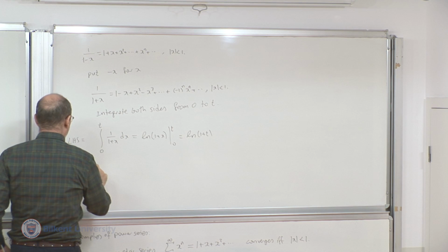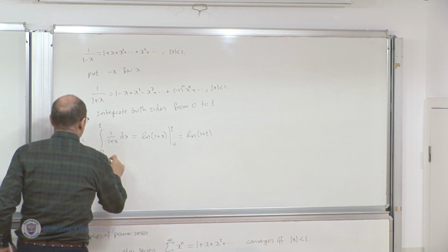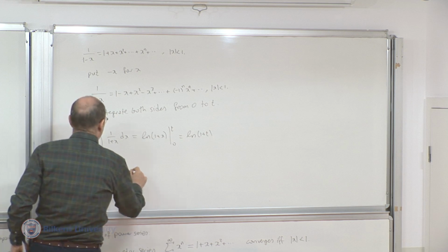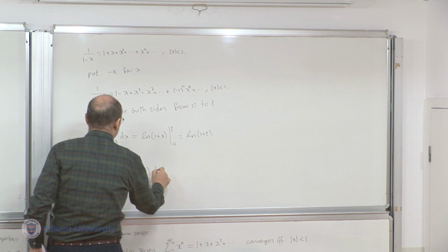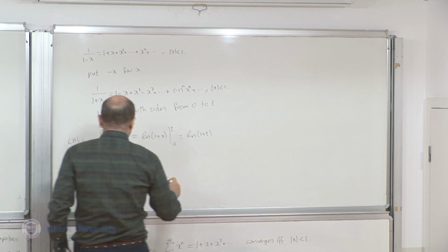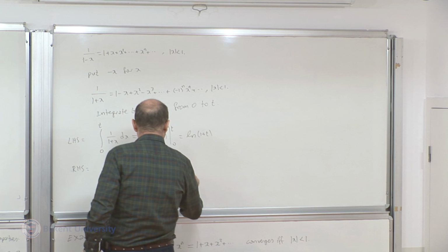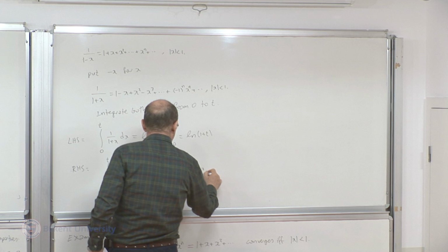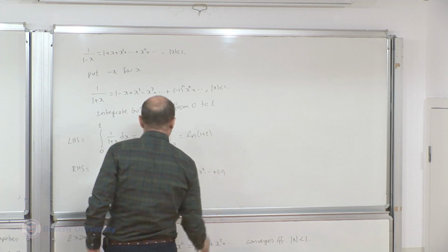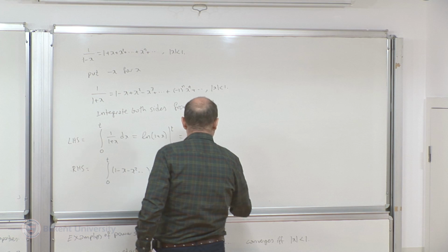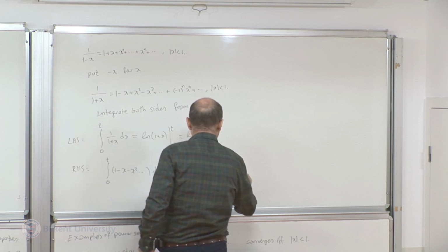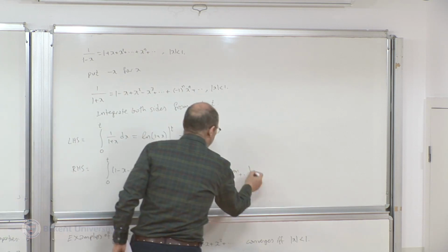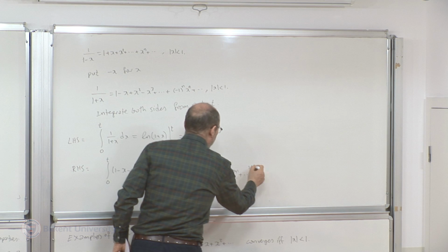On the right-hand side, from 0 to t, I have 1 minus x plus x squared, etc., dx. So this becomes x minus 1/2 x squared plus 1/3 x cubed minus and so on, where the general term is 1 over n plus 1 times x to the n plus 1, and I integrate this from 0 to t.